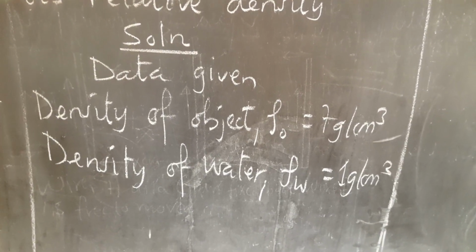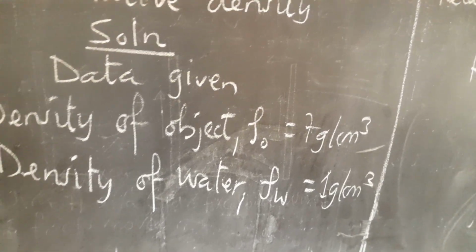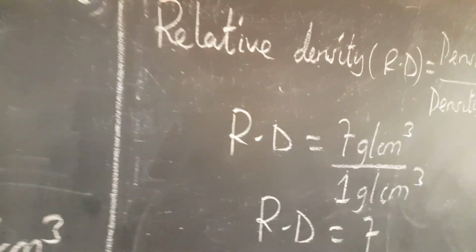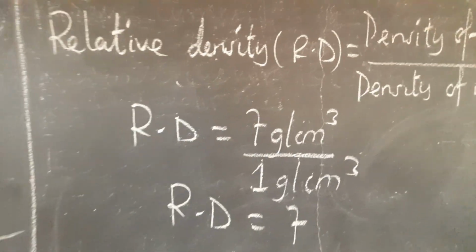What is relative density? Our relative density can be calculated by using the following formula.